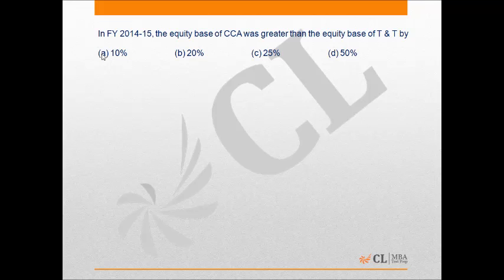So the required percentage will be 500, the equity base of CCA, minus the equity base of T&T, which is 400, upon 400 into 100. This comes out to be 25%. Option C.